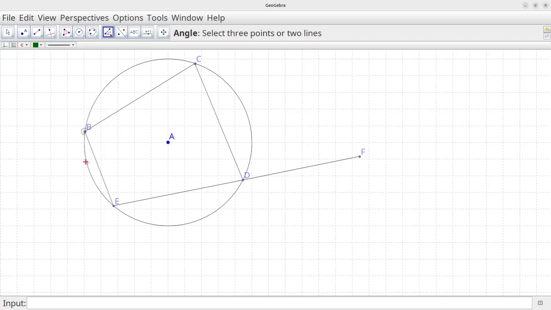This is the interior angle at B. It's 100 degrees. How about the exterior opposite angle there? 100 degrees. So this is actually not a coincidence.